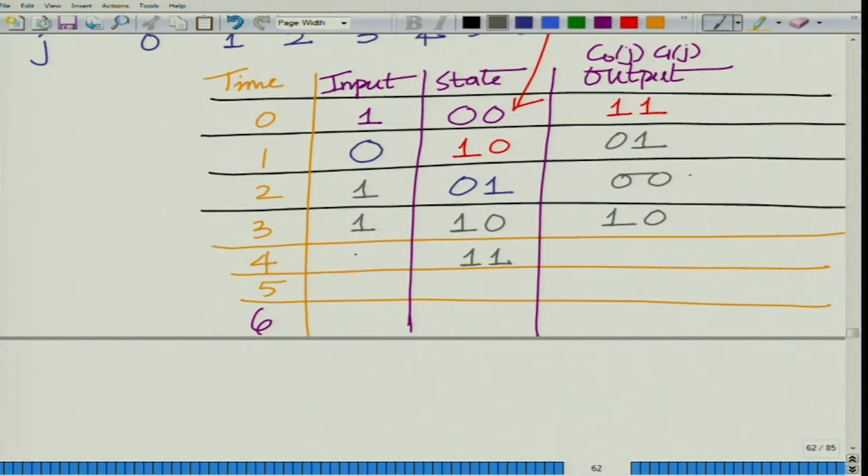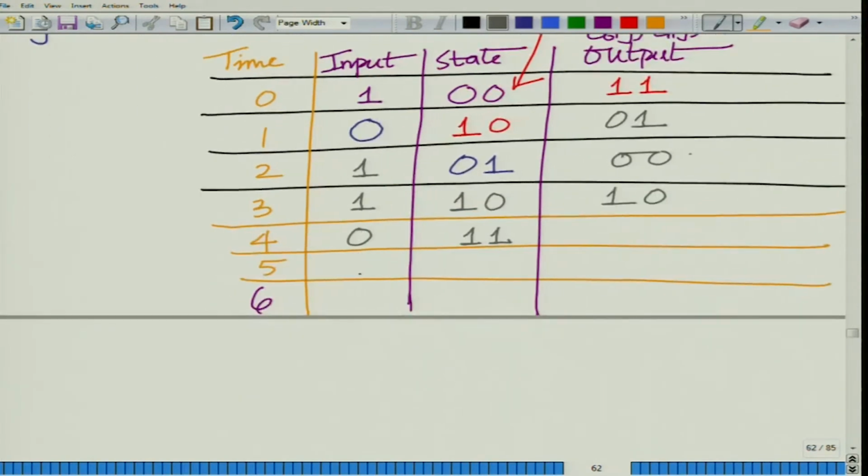At time instant 4, input is 0, next state is 0 1 and output is 1 comma 1 0. Time instant 5, input is 0, next state is 0 0, output will be 1 comma 1. In state 0 1, we get input 0, correct, next state is 0 0, output is 1 comma 1.